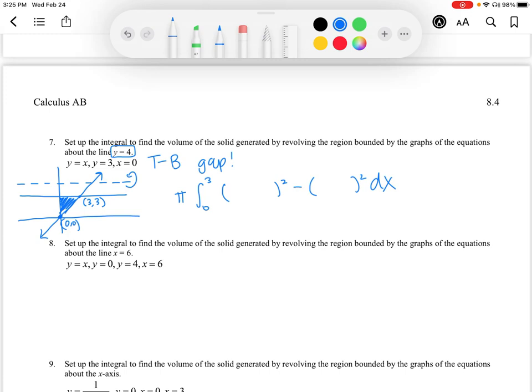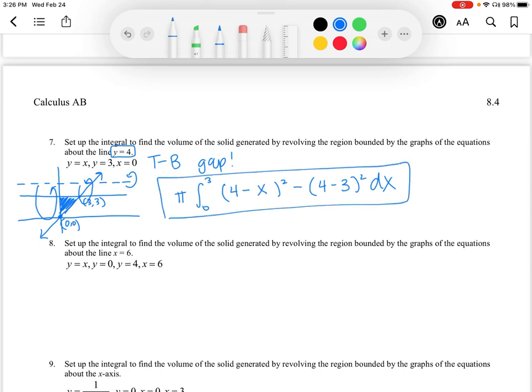Our big top is going to be the 4 minus our bottom this time is that x. So that's that big revolution here. And then we are going to look at the top again, which is still the 4 minus the bottom. So this is our smaller revolution here, and that one's our 3. And that would be our integral.